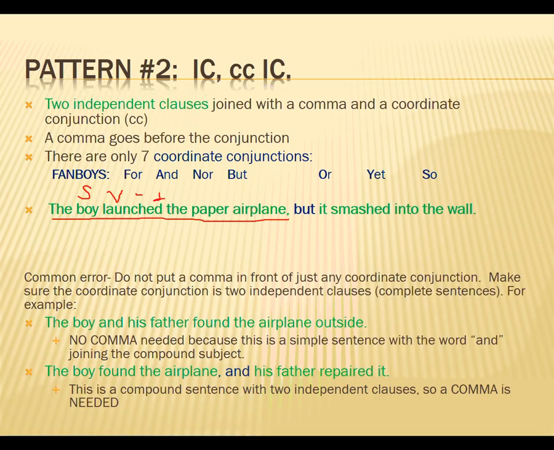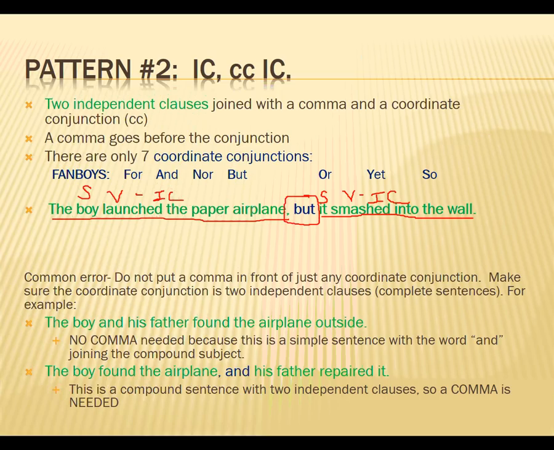The second independent clause is, it smashed into the wall. The subject is the pronoun it, which refers back to the airplane. The verb is smashed. So again, it is an independent clause. The coordinate conjunction is but, and notice the comma.